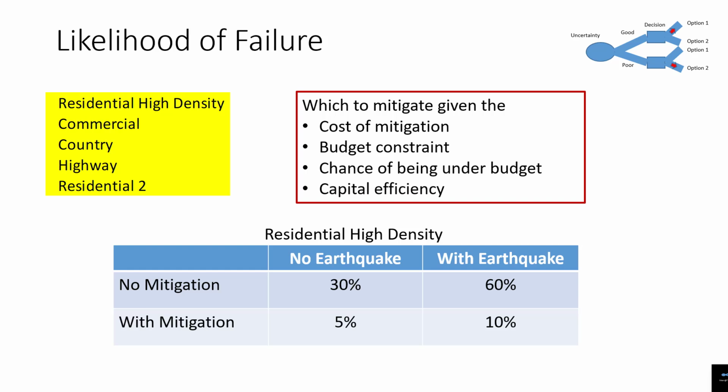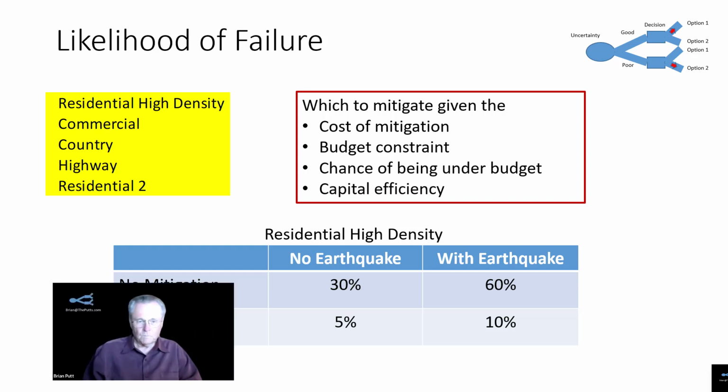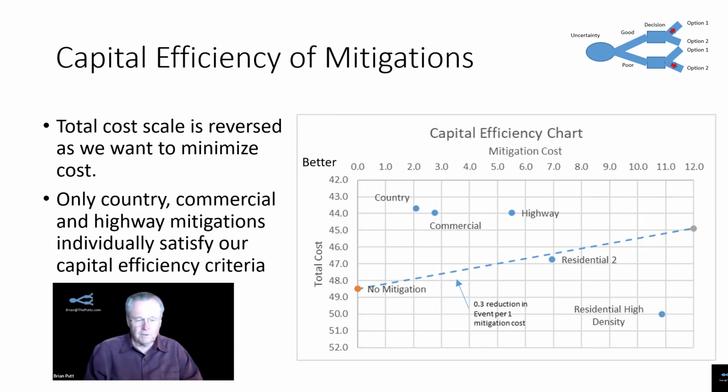So which to mitigate, given the cost of mitigation, the budget constraint, the chance of being under a budget of $18 million, and the capital efficiency. So the first thing I did is I used multiple experiments in the SIPMath enterprise version to calculate the efficiency of each of these possible mitigations individually.